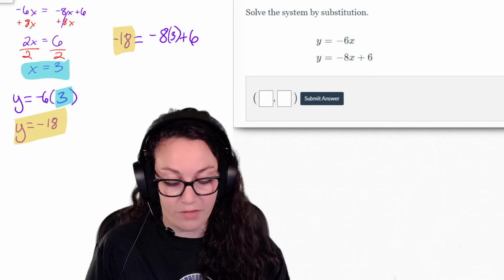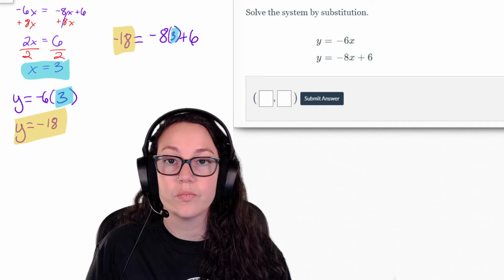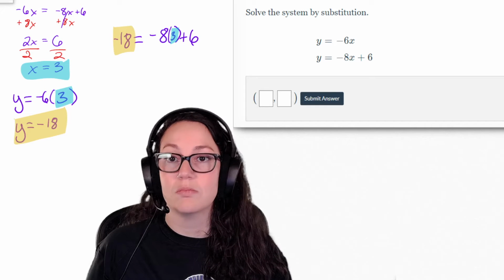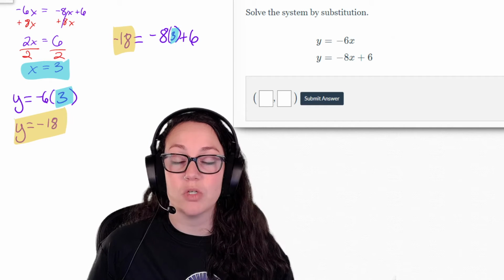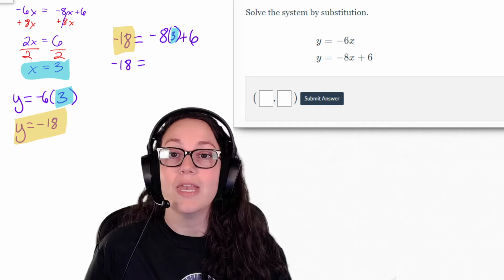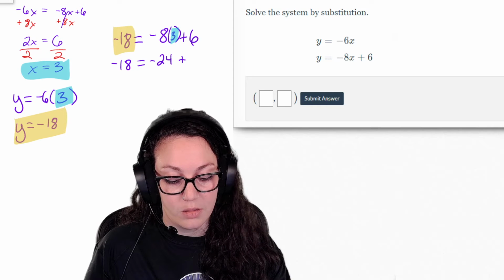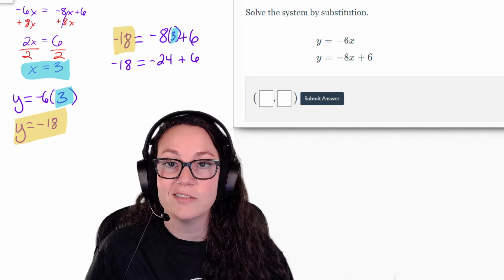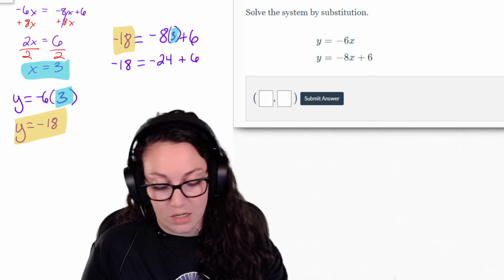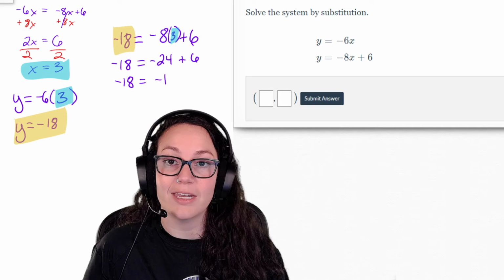Again, this was our y value and this was our x value. Then I follow order of operations until I see if I have a true statement or not. So negative 18 is equal to negative 8 times 3, which is negative 24. Plus 6 comes along for the ride. It's multiplication before addition. Then I combine like terms and I get negative 18 equals negative 18.